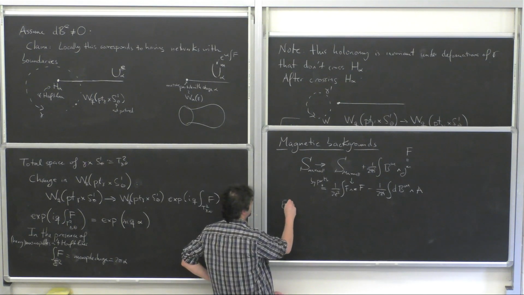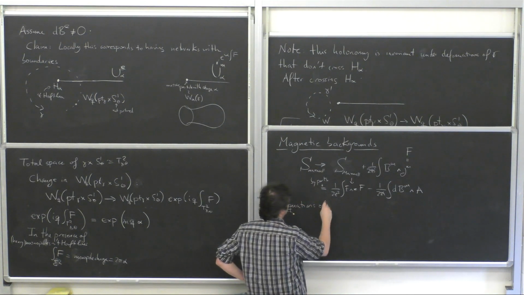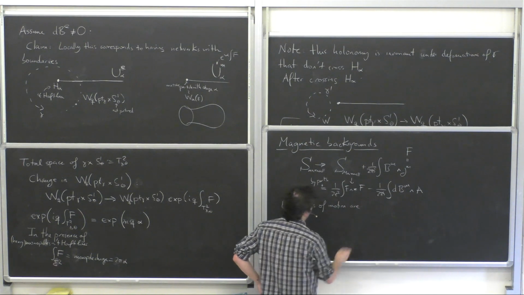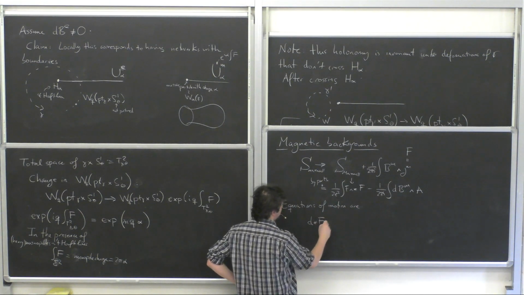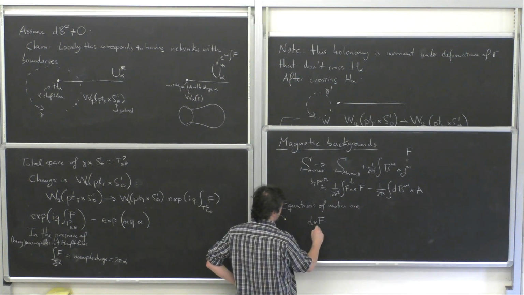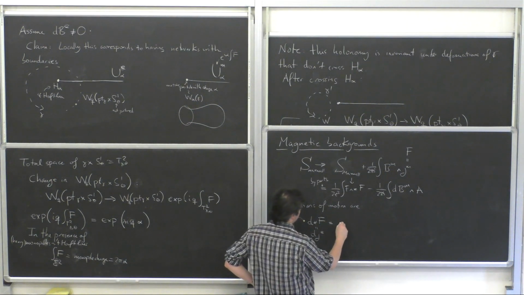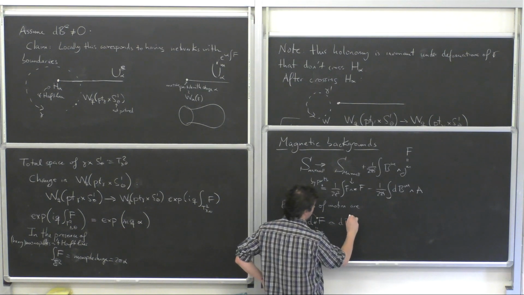So the equations of motion in this case are something like d star F, in other words, d of J_electric, equal to, up to factors, dB_M.